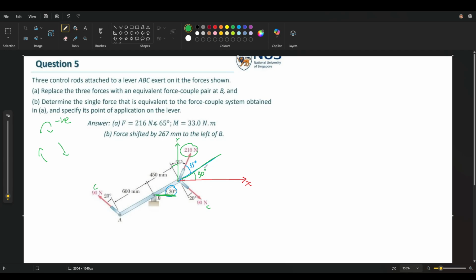Okay, I hope I made myself clear there. Oh, there you go. I have found the angle of the 216 with reference to the absolute x-axis, which is basically 30 plus 35, 65. And thus I got my first half of the answer.